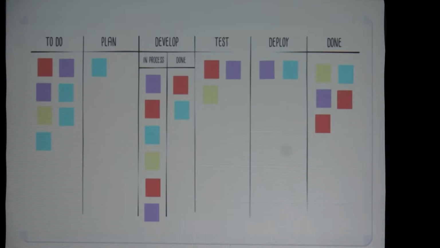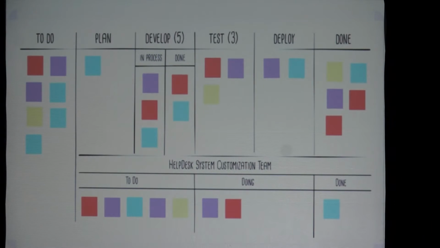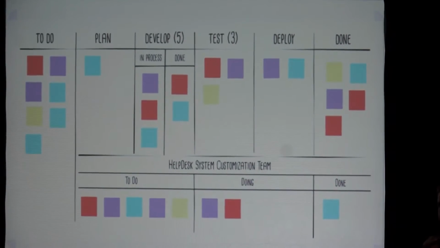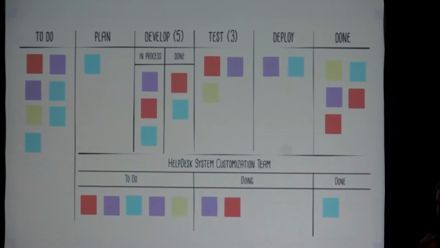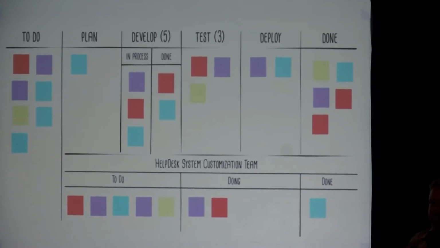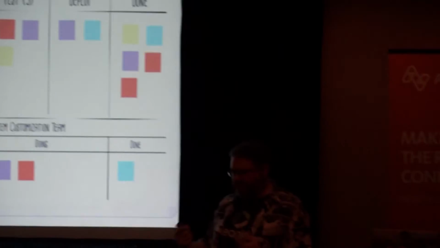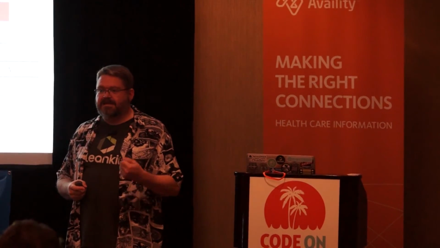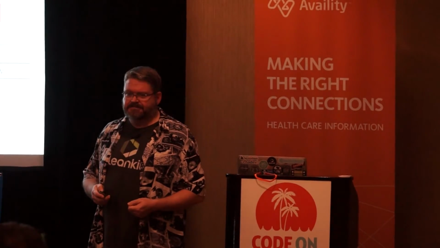So if we set some policies, it's counterintuitive, but if we focus on less work, we actually get more done, quicker and faster. Going back to that idea of flow, if we focus on one task at a time, we can get those things out the door at higher quality.